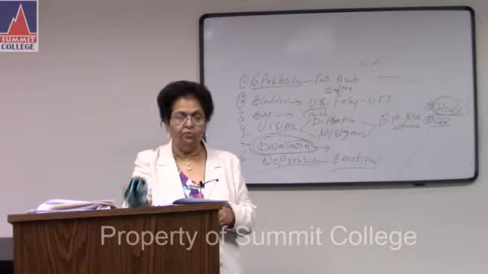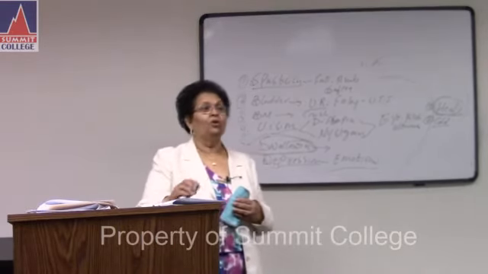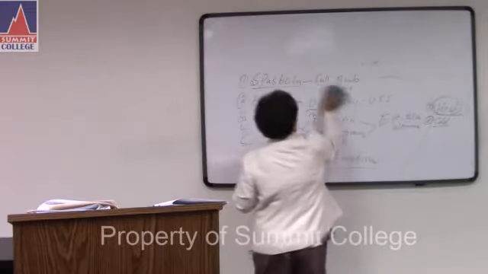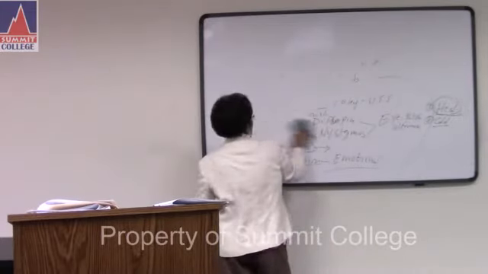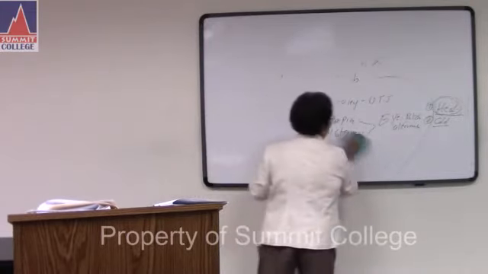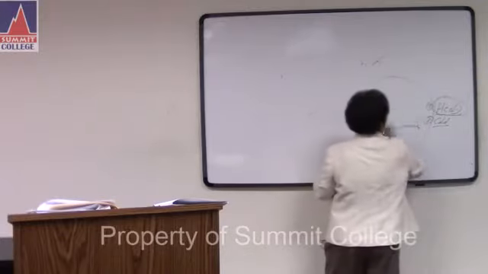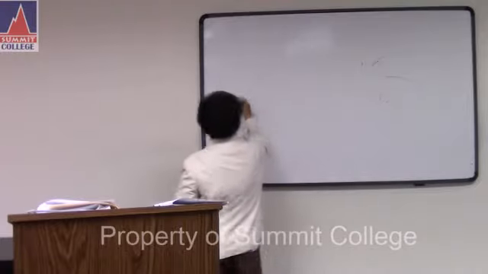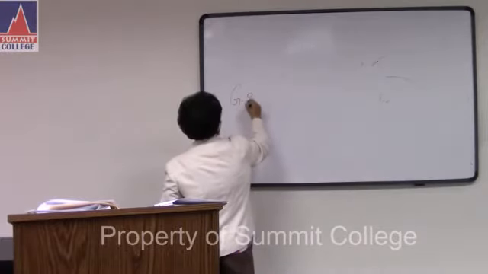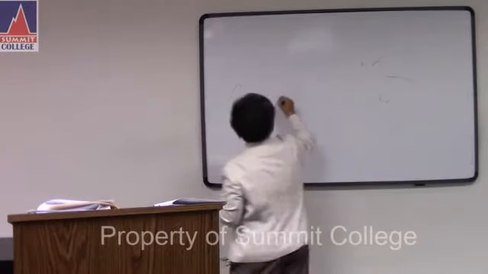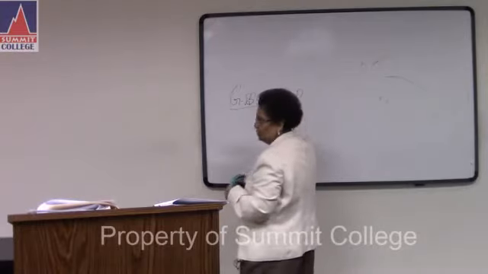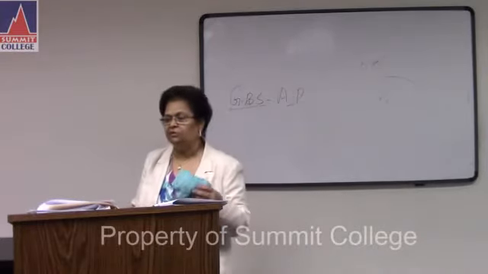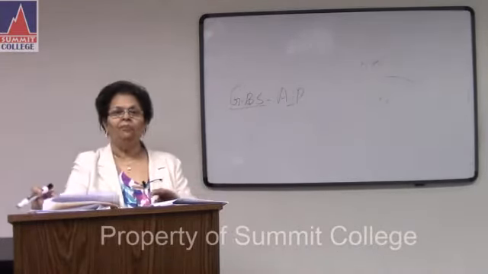I really want to write down a few things here, and you've got to know the neuro system very well. All these diseases are very common. You see all our patients with different kinds of diagnosis. So what is GBS? Guillain-Barré syndrome. Number one is called ascending paralysis. That's going from legs upward.